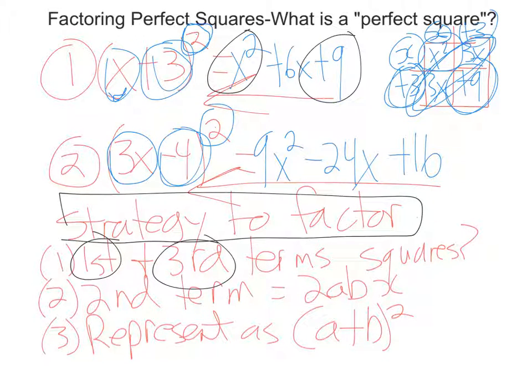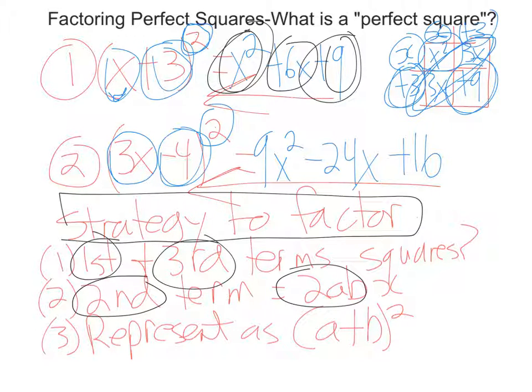Square root of x squared is x, square root of 9 is 3. Then we have to make sure that the second term is double of a times b. So in this case, 6x would have to be double of the square root of 9, which is 3, times the square root of x squared, which is x. What's double of 3 times x? Well, 3 times x times 2 is 6x. And then finally, you put it in factored form.